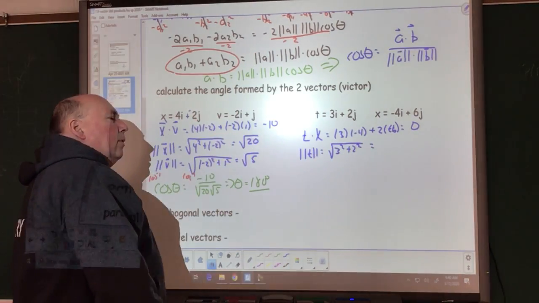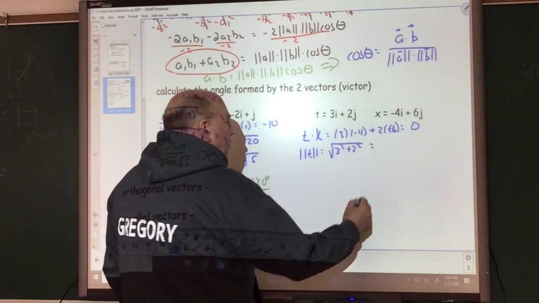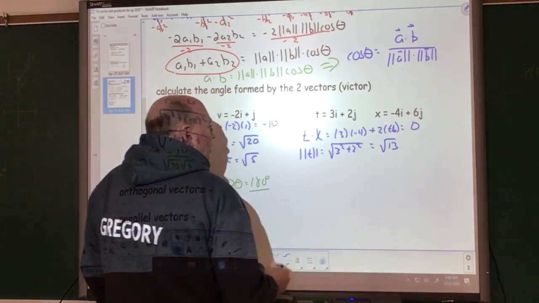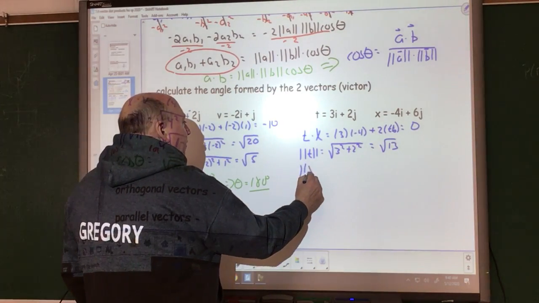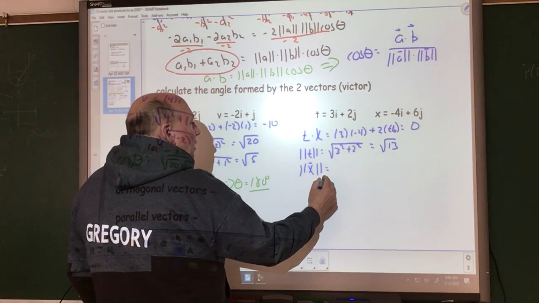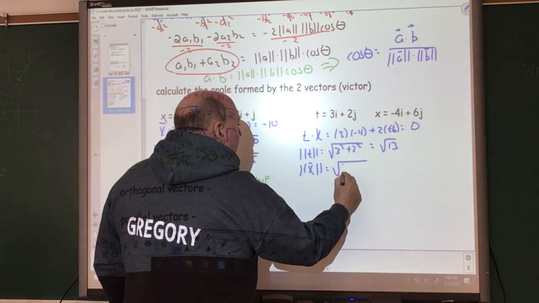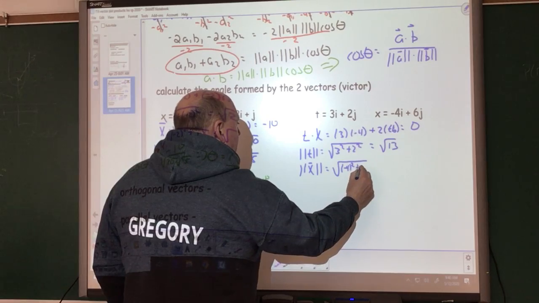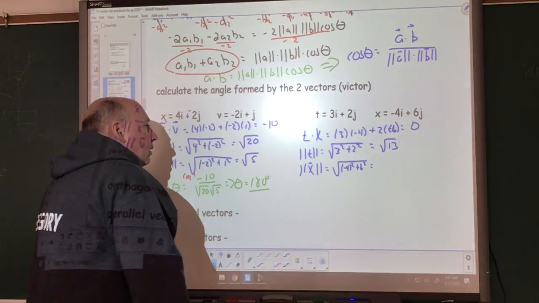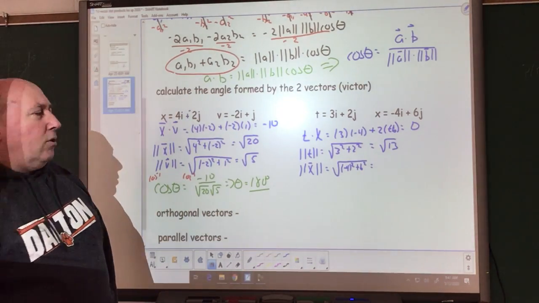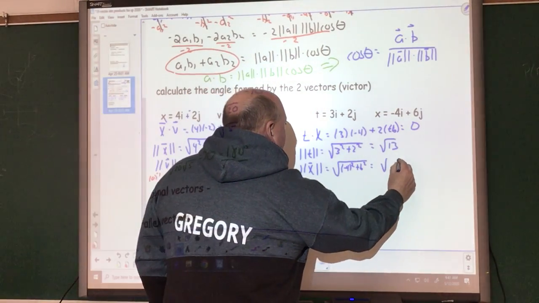So we got 9 plus 4, square root of 13. And the magnitude of x is square root of negative 4 squared plus 6 squared. So we have 16 plus 36, we have square root of 52.